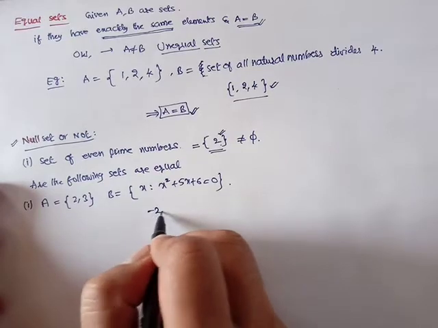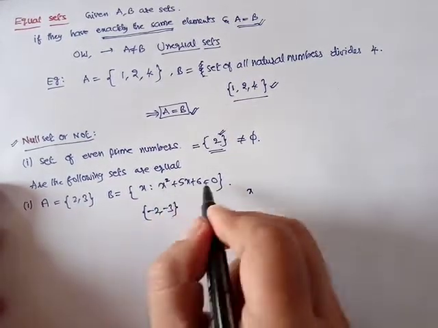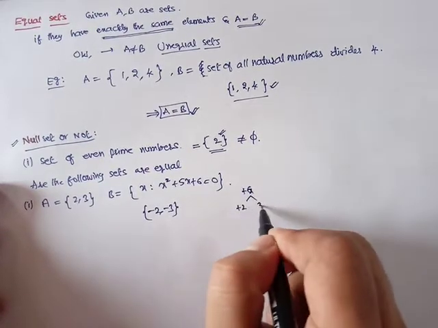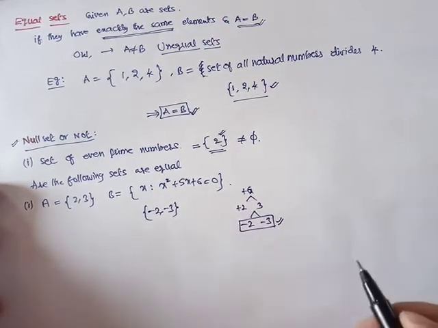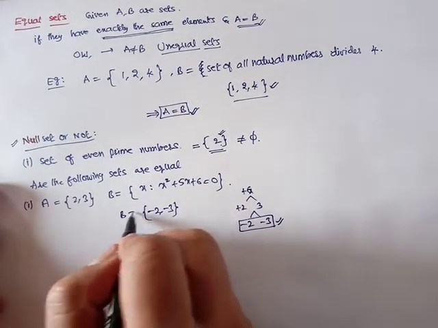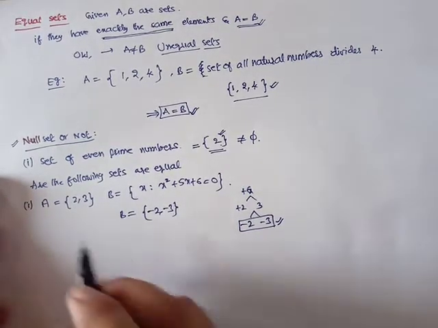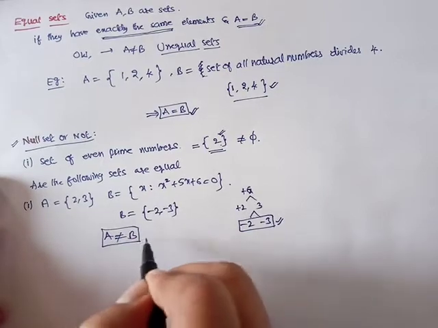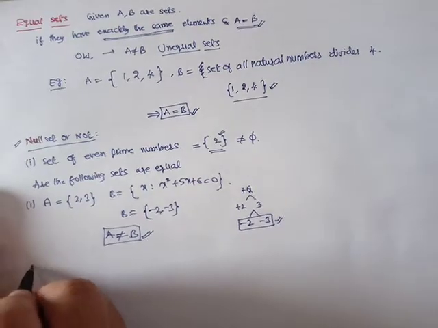Roots are going to be minus 2 and minus 3, since the product is plus 6, so plus 2 into plus 3 or minus 2 into minus 3. These two are the roots. Then B is {minus 2, minus 3}, and A is {2, 3}. Whether A and B are equal: they are not equal, so A is not equal to B.